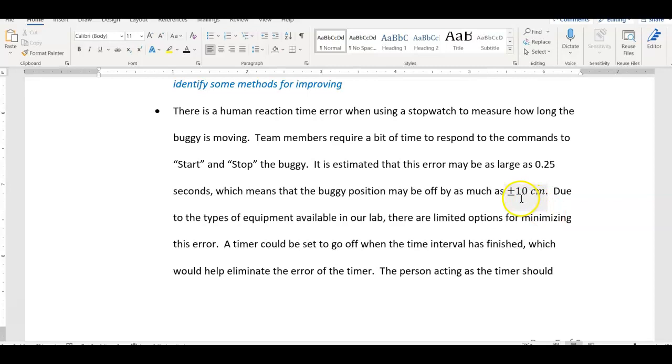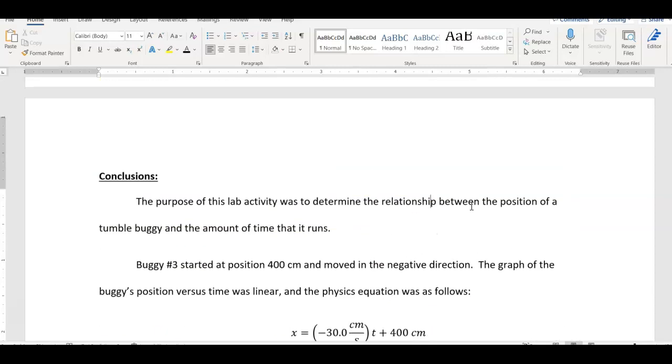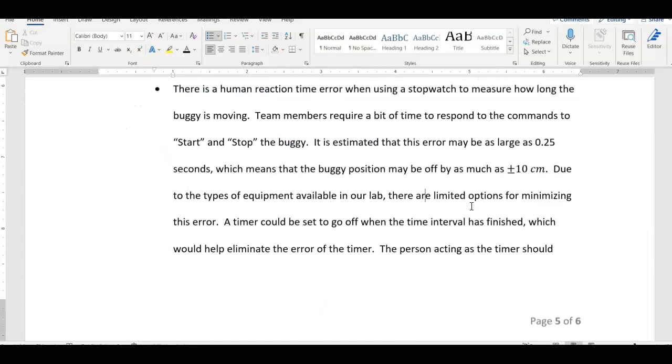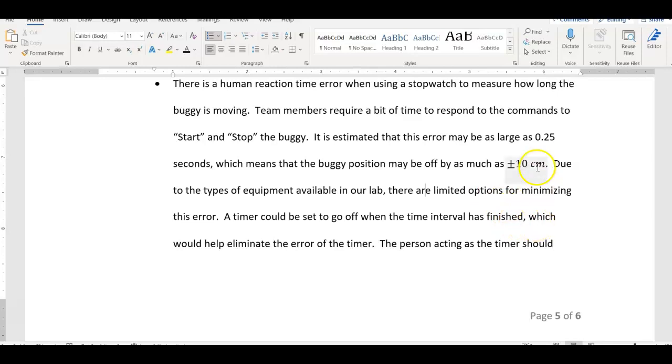The 10 centimeters came from, since my slope here is 30 centimeters per second, if we were off by a quarter of a second, then that would actually be maybe 7.5. I guess I've rounded up here, but it could be off as much as this many centimeters.